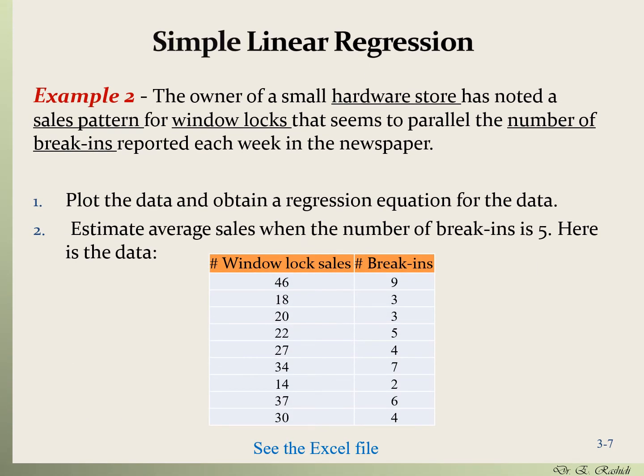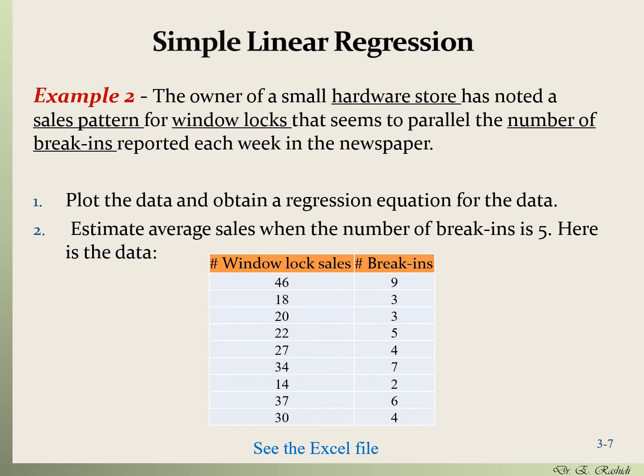Next example. The owner of a small hardware store has noted a sales pattern for window locks that seems to parallel the number of break-ins reported each week in the newspaper. So we have gathered this data here, the number of sales and the number of break-ins.